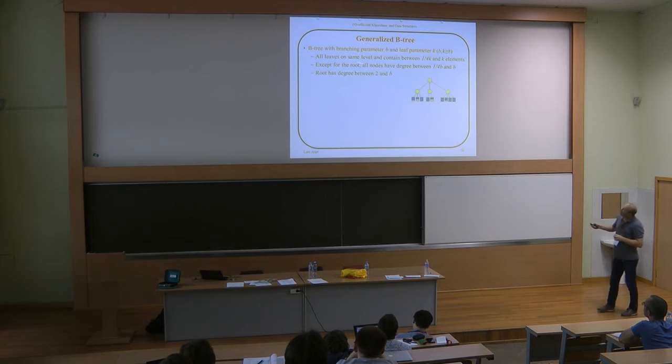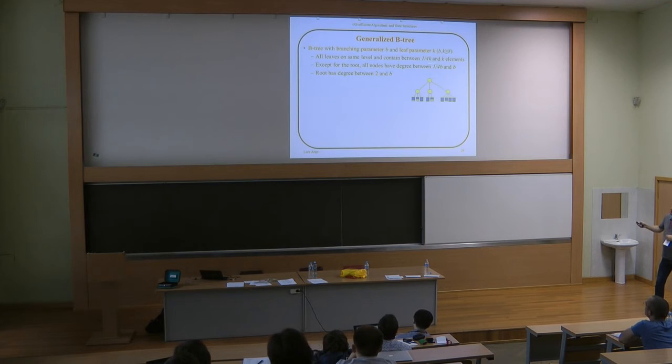So a B tree with branching parameter B and leaf parameter K is the same as a B tree, except that the leaves can have between 1/4 K and K elements, and all other nodes have degree between 1/4 B and B. So the K decides how much wiggle room I have in the leaves, and B decides how much I have in the degree. But other than that, it's exactly the same.